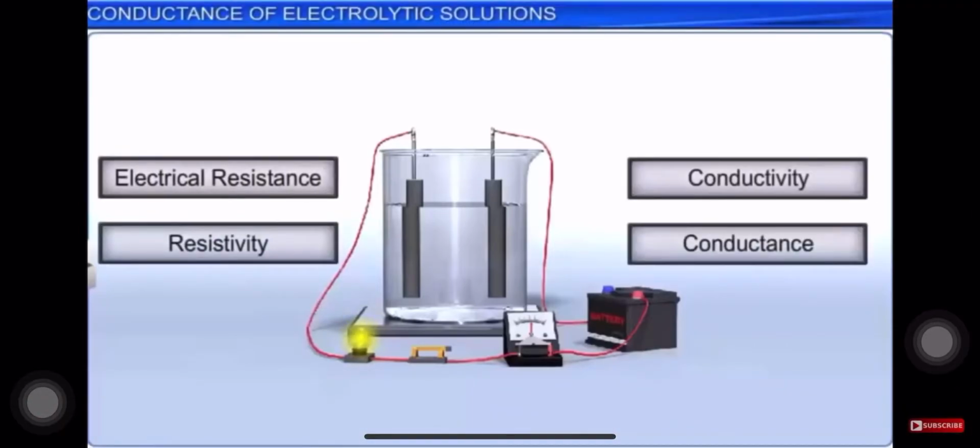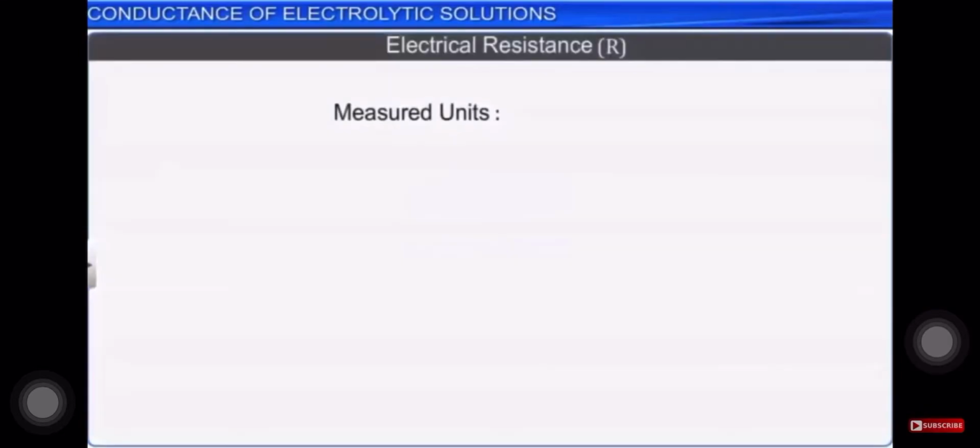Okay, so the terms which we are going to study are electrical resistance, resistivity, etc. So resistance, that is R. Do you remember the measuring unit of that? That is ohm. We have seen this symbol also, that is omega.